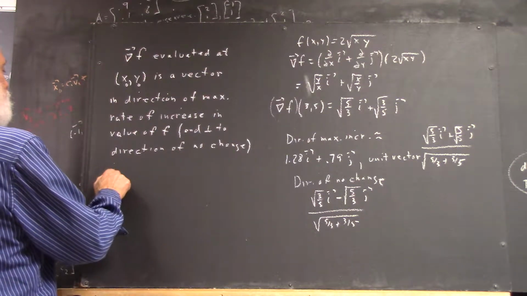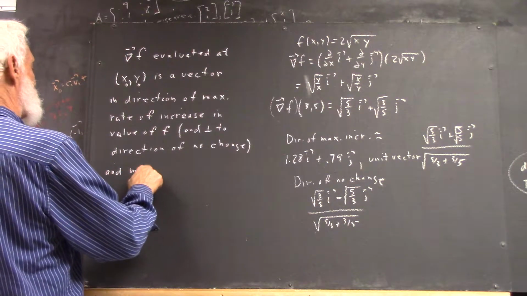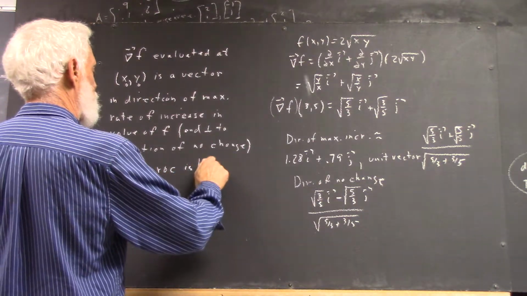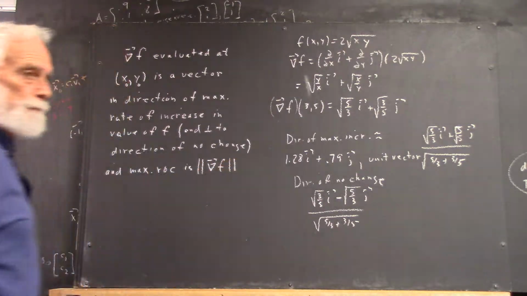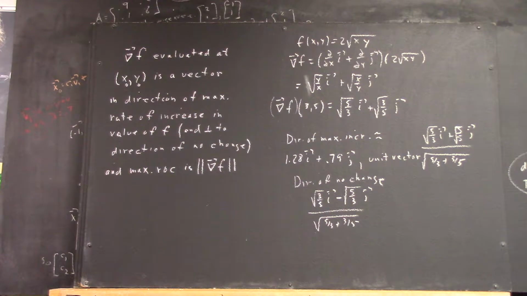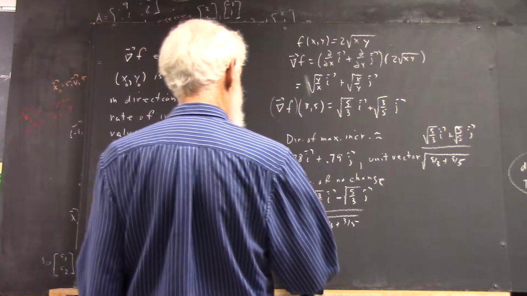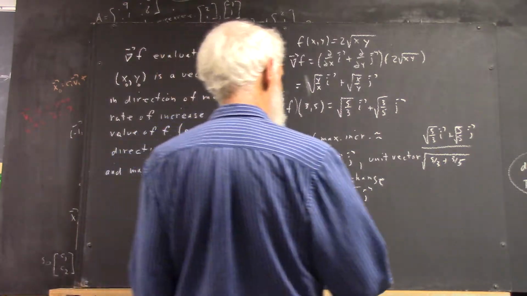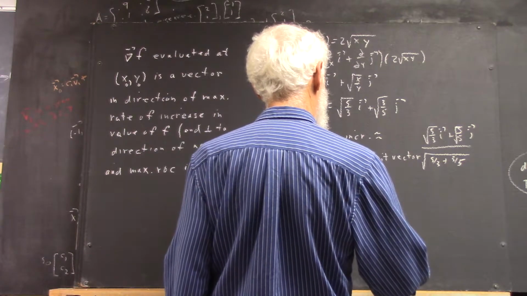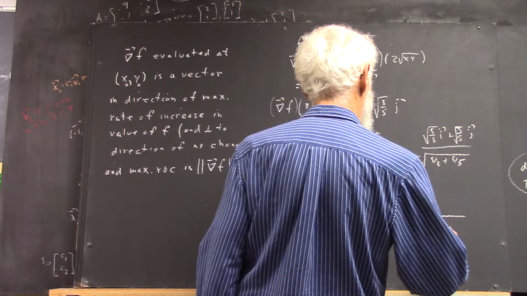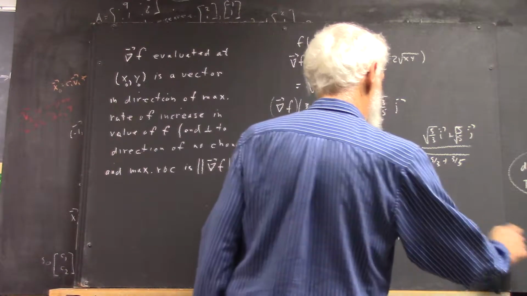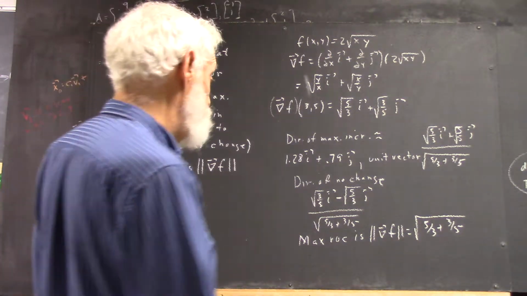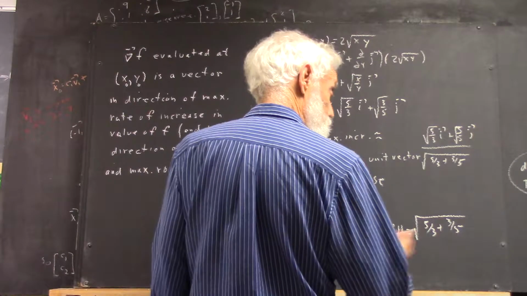Square root of 5/3 plus 3/5. And that's easy, okay?